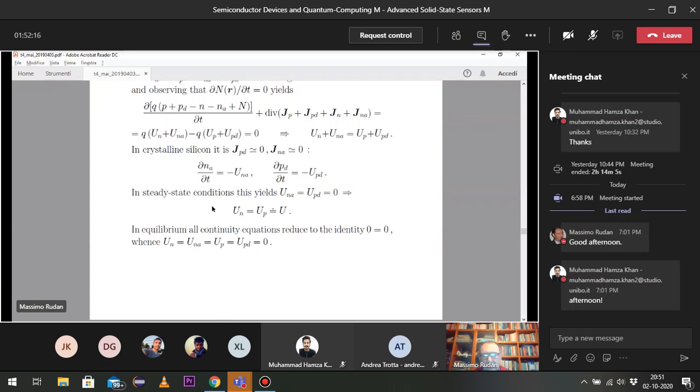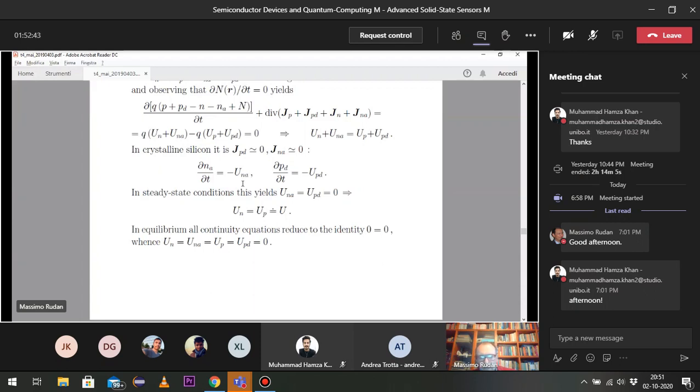In a dynamic condition, in principle, they are different, okay? But yet, the populations of NA and PD are so small that their contribution to the phenomena is negligible. So also, in the dynamic condition, we neglect approximately UNA and UPD.